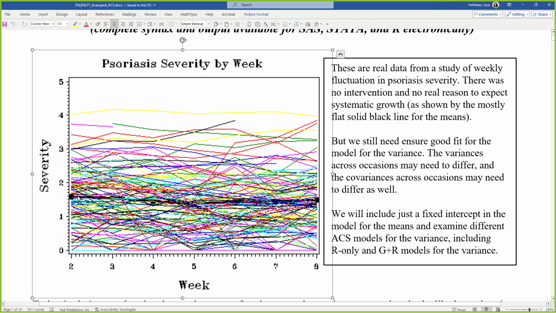So this is not a treatment study. These are people that are being treated as part of their normal life experience, but there's no reason why being part of our study and filling out our questionnaire should change their disease status. So this is fluctuation. Some weeks are better than others in terms of how their skin is behaving, and some folks have higher severity all the time, and some folks have lower severity all the time.